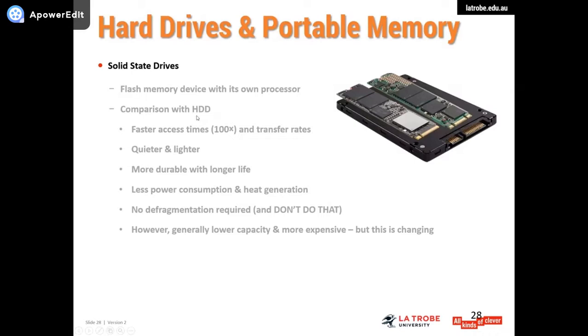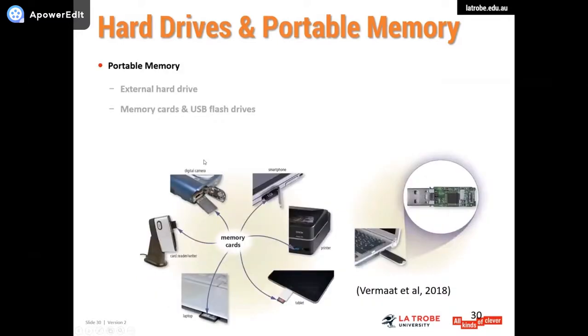You should tell the difference between the hard disk drive and the solid state drive: which is preferred in which scenario, and what the pros and cons of these different storage media are. There's also portable memory; you just need to know the concepts. No details are required.